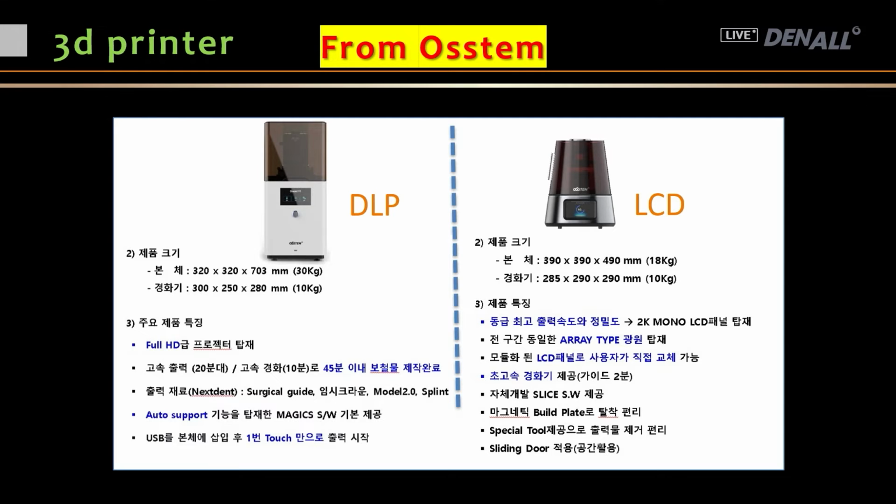Compared to DLP, LCD type is less than half of the price and it is small in size. It's handy. A surgical guide or temporary can be printed out fast in a local clinic. I purchased the newly launched LCD type 3D printer. It is not installed yet, but I look forward to using it.